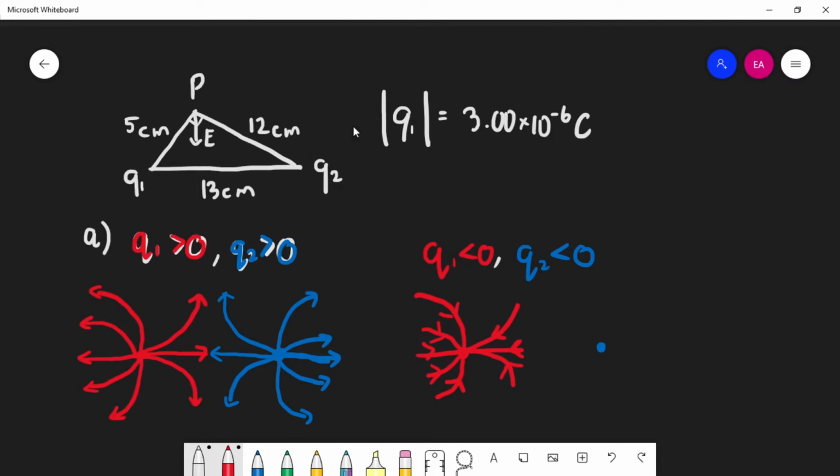Technical difficulties. Okay, there. So for blue, we have the same horizontal line base, like this, and all of them are pointing towards the charge.